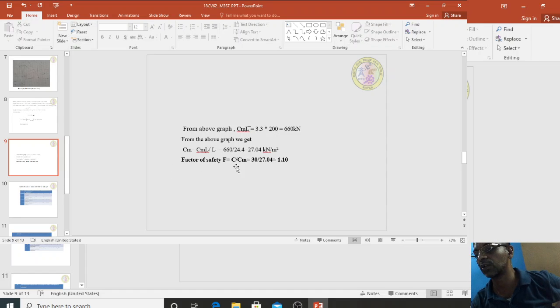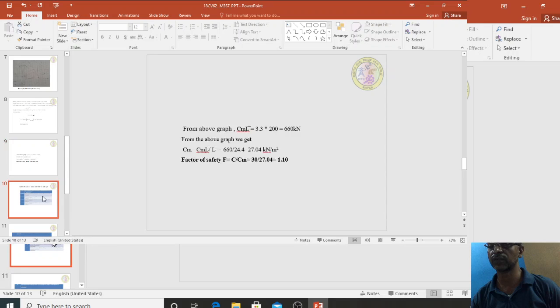Factor of safety is C divided by Cm, 30 divided by 27.04, that is 1.1, which is just safe. But at any point of time we cannot take this as a safe value. It should be around 2.5 or 3 to be safe, otherwise 1.1 is almost equal to 1, on the verge of failing. So this is how we can find the factor of safety.